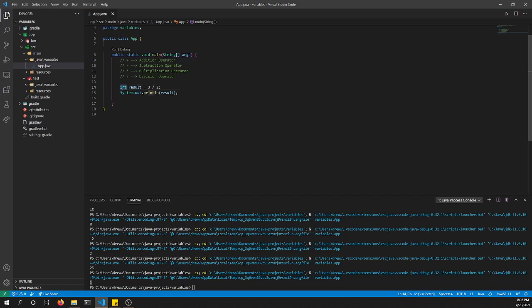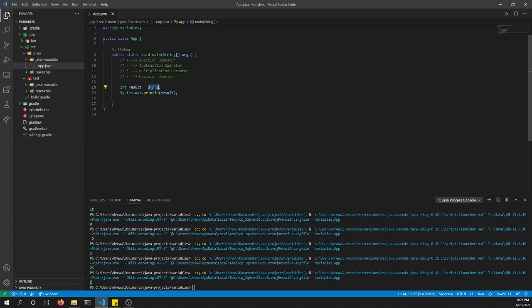An int is an integer. It is a whole number, no decimal part. So that means anything that we do over here has to end up being an integer, a whole number with no decimal part. The problem is that 3 divided by 2 does have a decimal part.